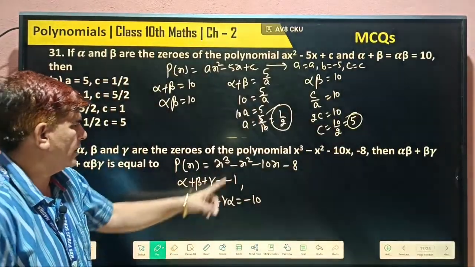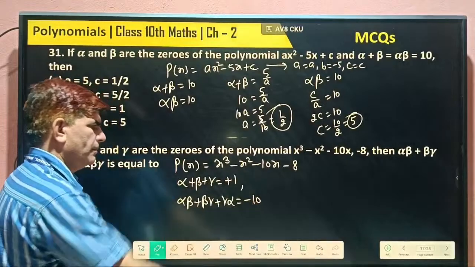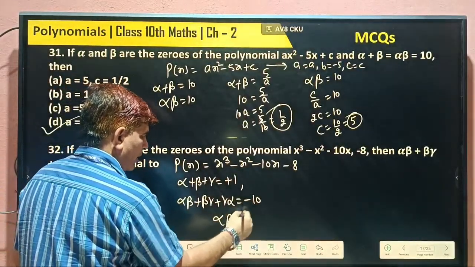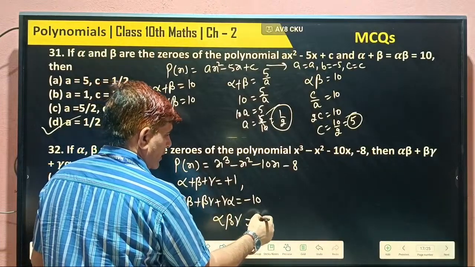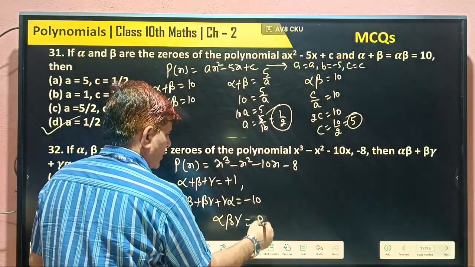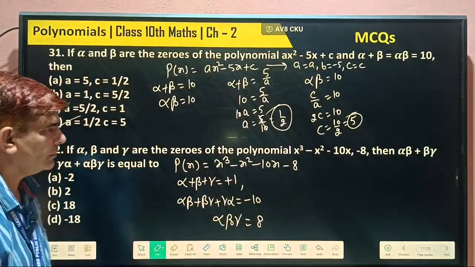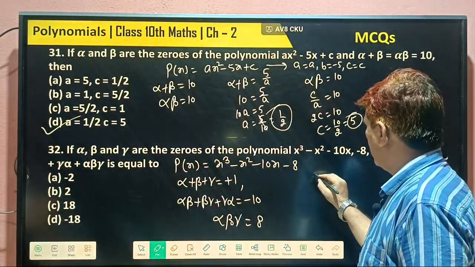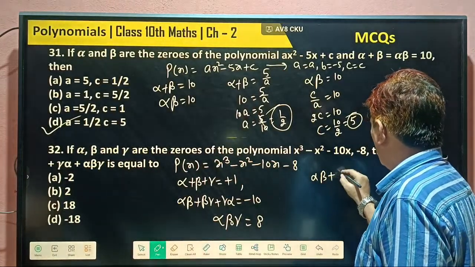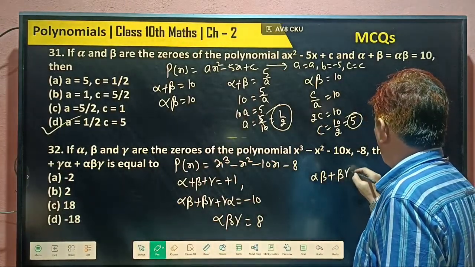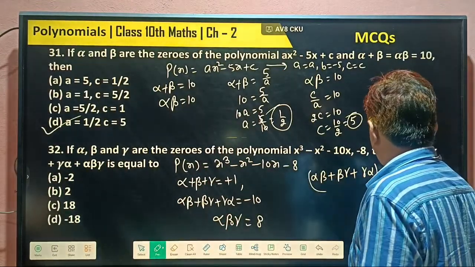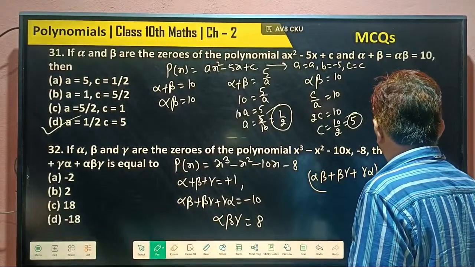Alpha plus beta plus gamma is minus b by a, and alpha beta gamma is minus d by a, which is 1, so this is it. And what we have to find out is alpha beta plus beta gamma plus gamma alpha plus alpha beta gamma.